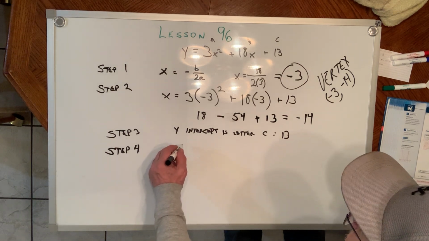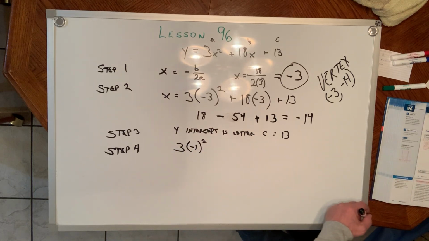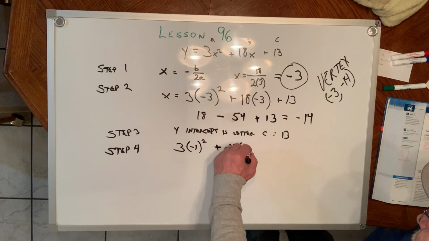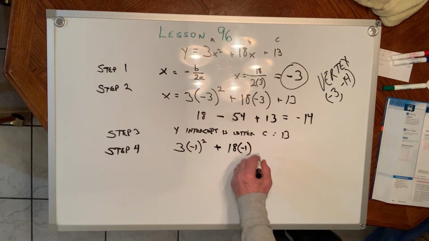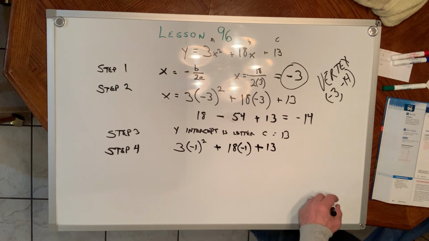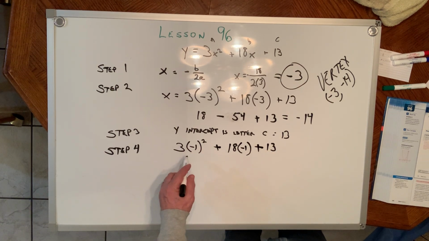And so they got 3 times negative 1 squared, plus 18 times negative 1 plus 13.